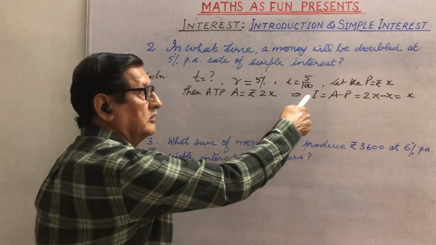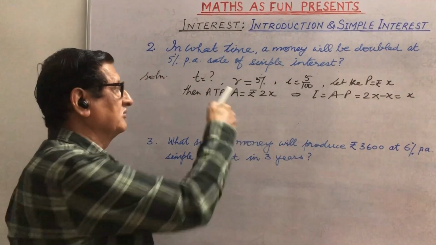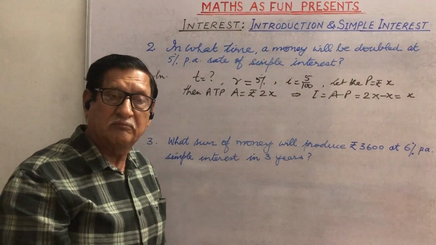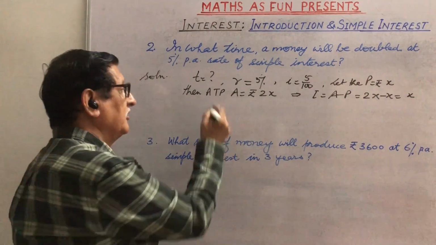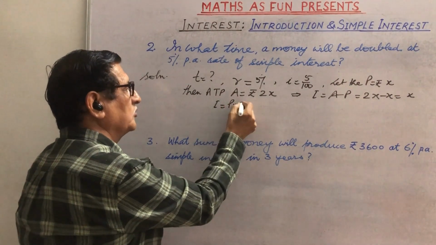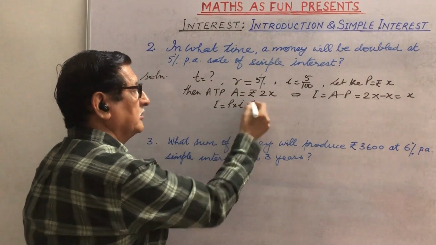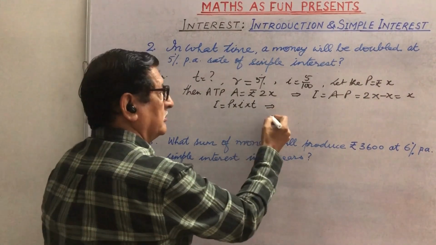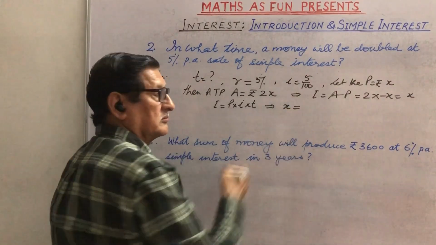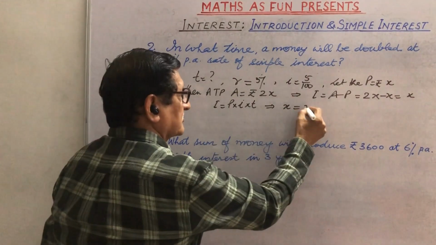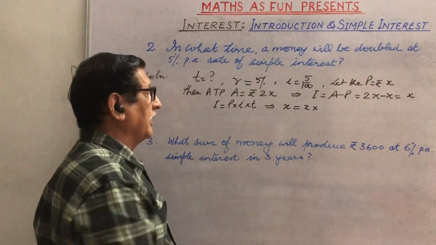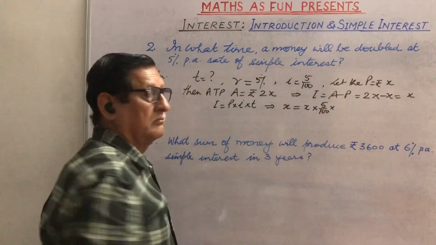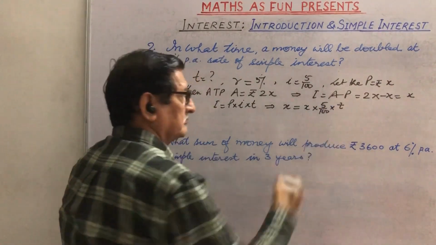Now we have the interest X, we have the principal X, we have the rate here, and we have to find out the time. We can apply the formula. We know that interest is P into I into T. We can write here: I is X, P is X, small I is 5 upon 100, time we have to calculate.